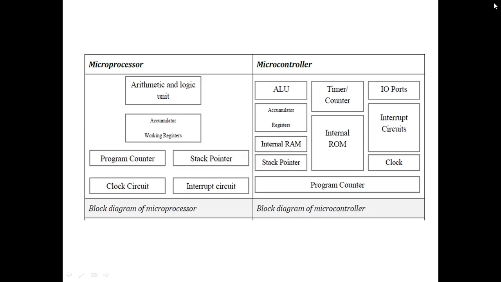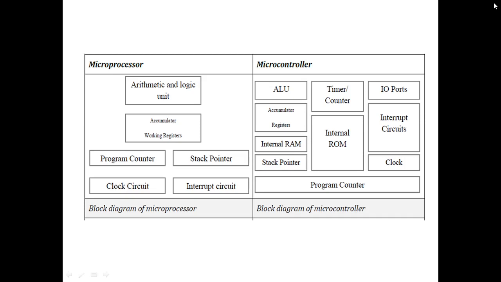Before we go to the main topic, we should know the difference between the microprocessor and the microcontroller. It is a main thing, because embedded systems are fully based on the microprocessor and microcontroller. We should know the basic difference between the processor and the controller. We have already studied this in the microprocessor and microcontroller subject, but we should know some basic things here.